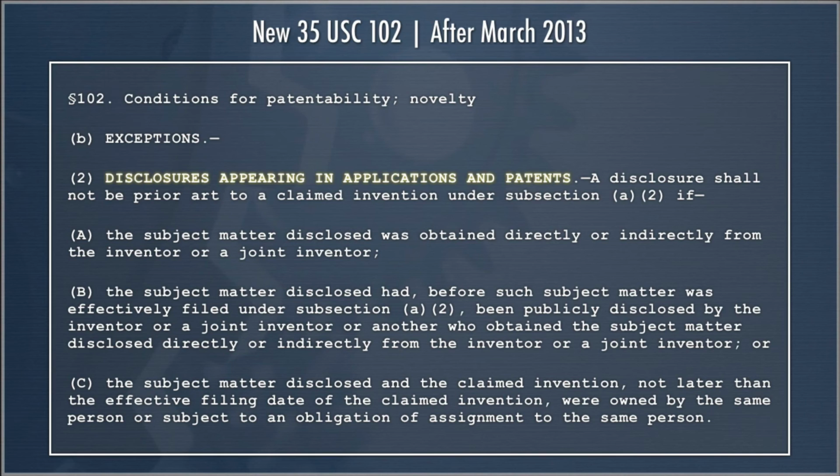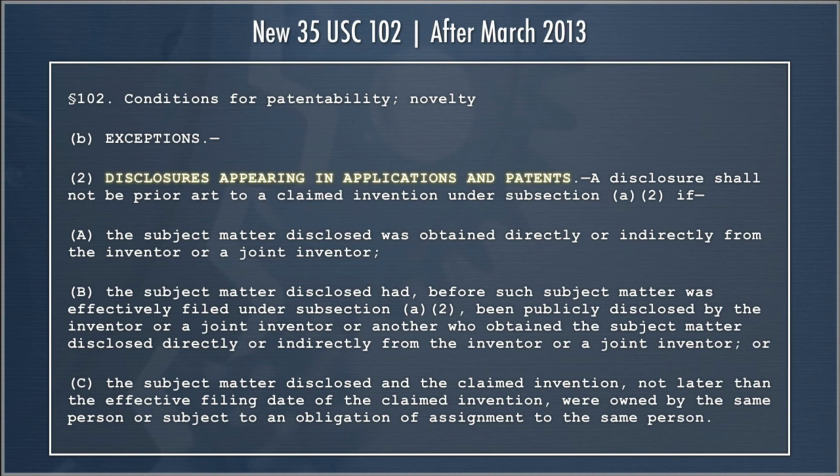So basically three things here. There's an exception for derivation, right, which is a similar exception to the one we saw before, where if the first publication was by the inventor or somebody who derived from the inventor, then it will cancel that out.